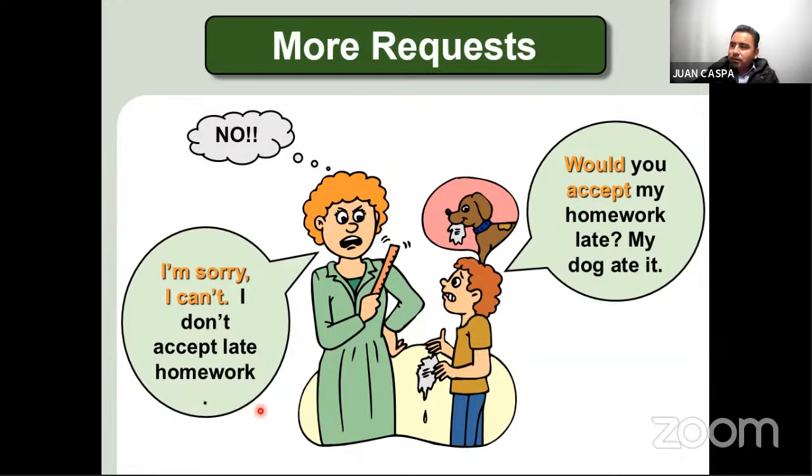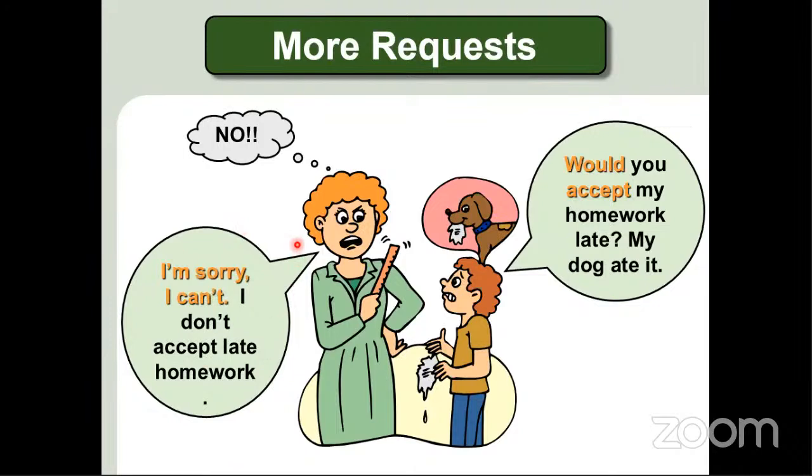If you are not polite, they will say you are not a good person, right? We don't say no. Maybe she meant to say no, but it's much better to say, I'm sorry, I can't, right? Read this one, Roger. Okay, I'm sorry, I can't. I don't accept late homework.